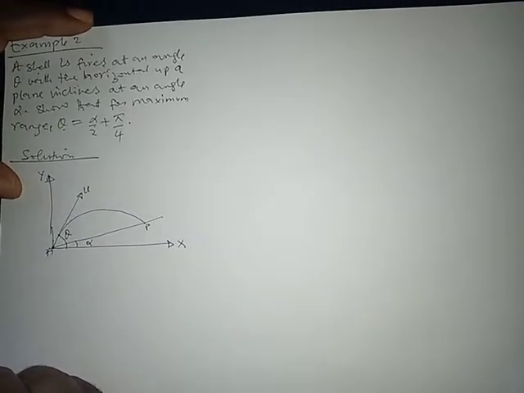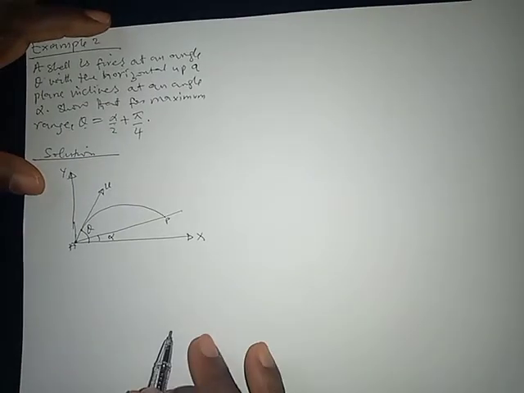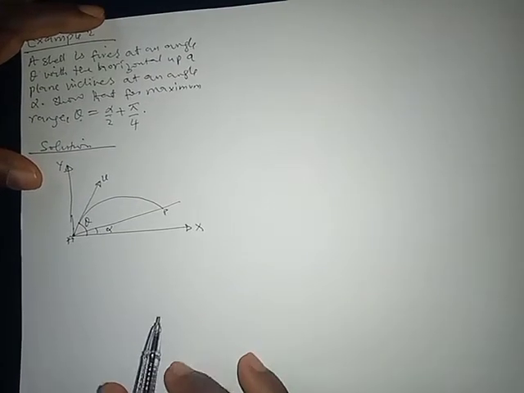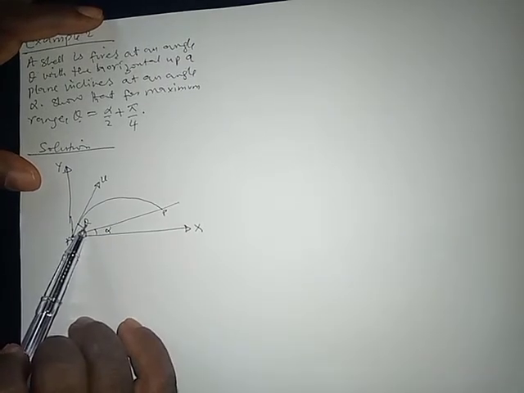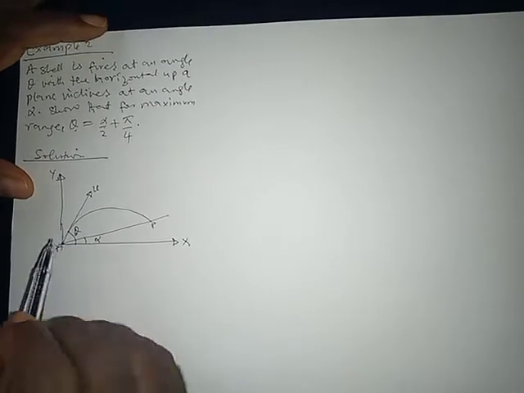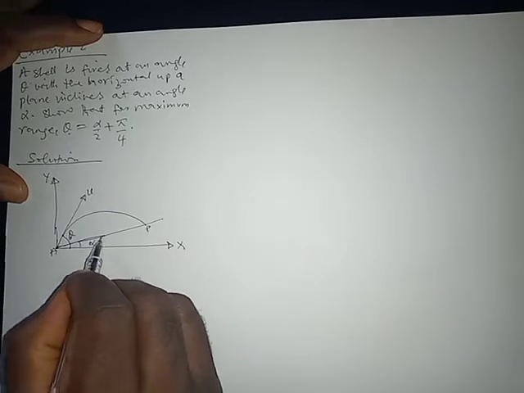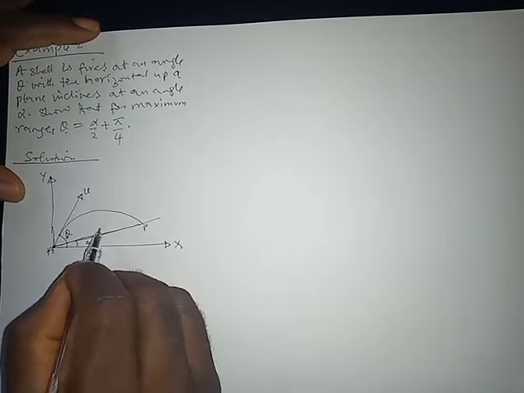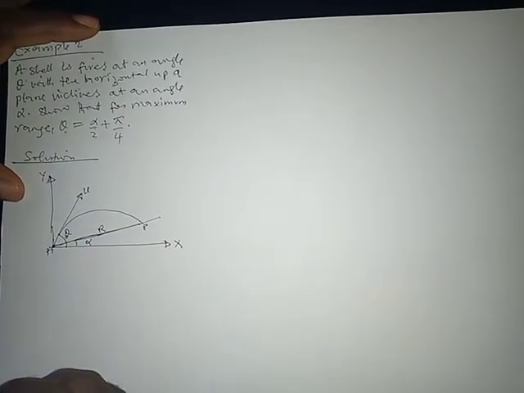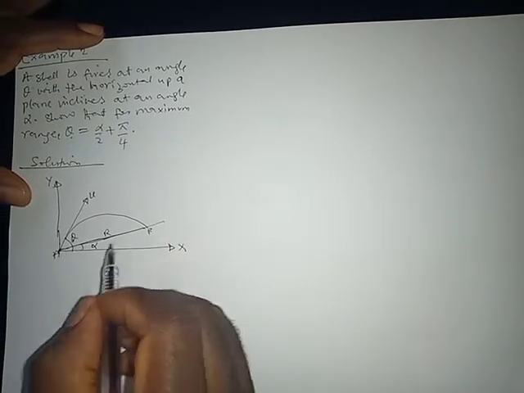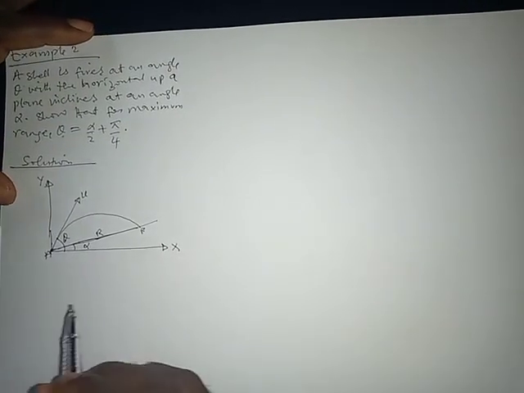Now we are to find the theta for maximum range. The range on the inclined plane, say it is R, from A to P is the range there.